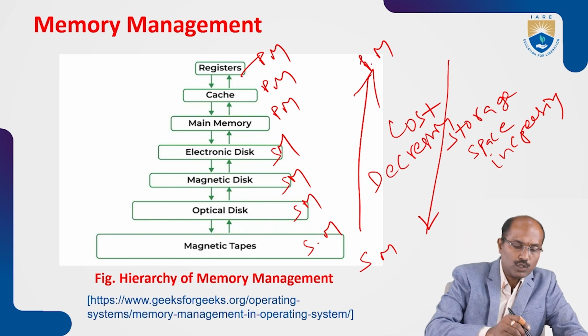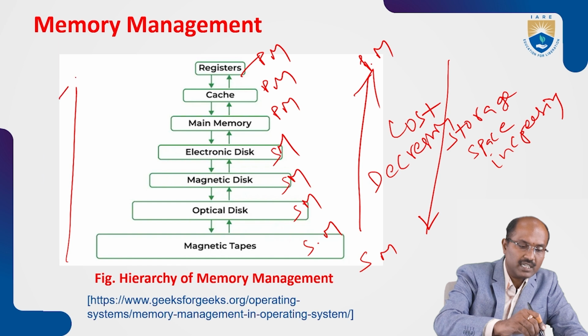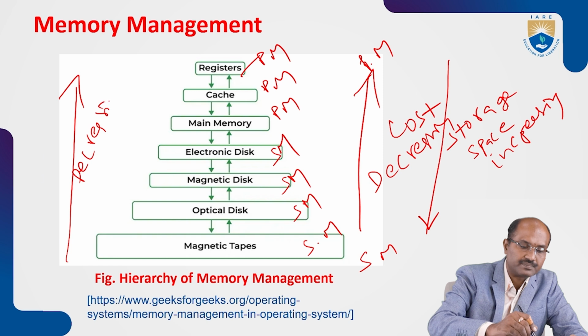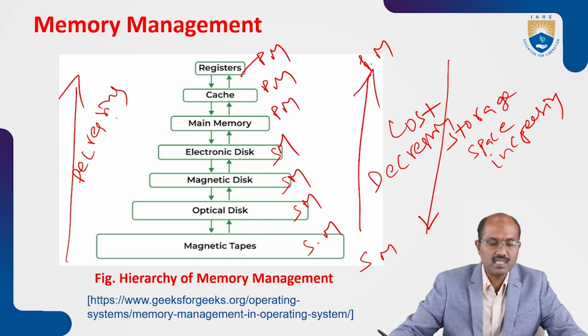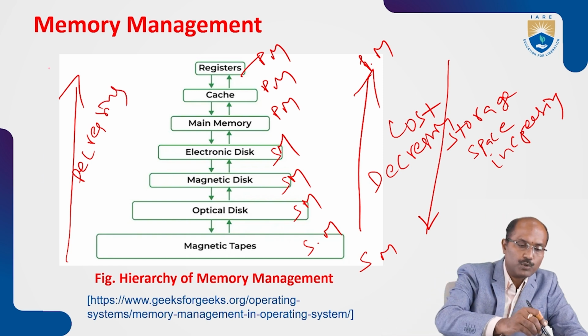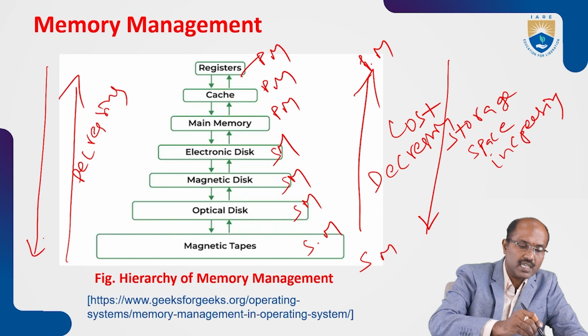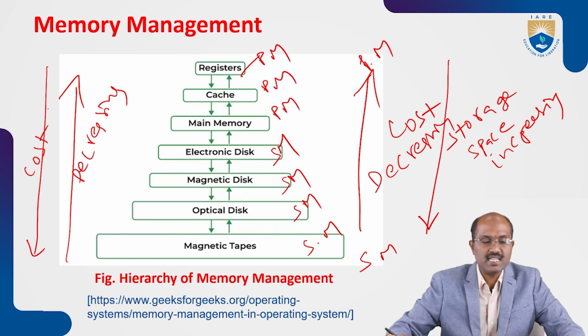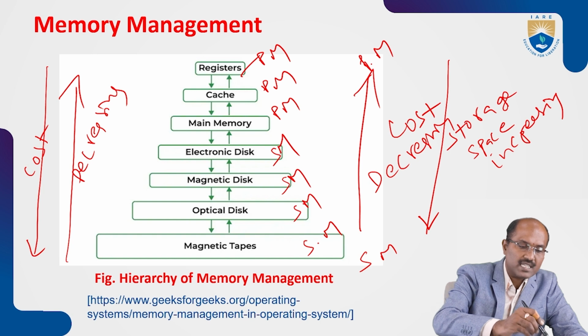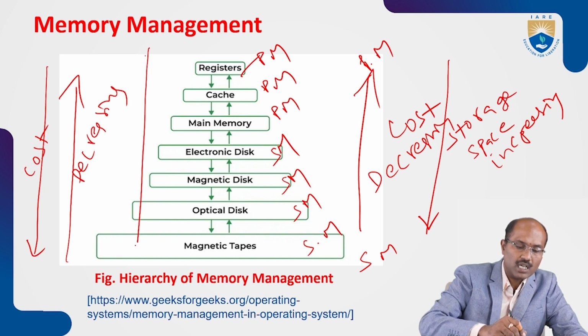So when you go from top to bottom, the device length is decreasing, the size of the device is decreasing, and cost is increasing, and storage space is increasing.